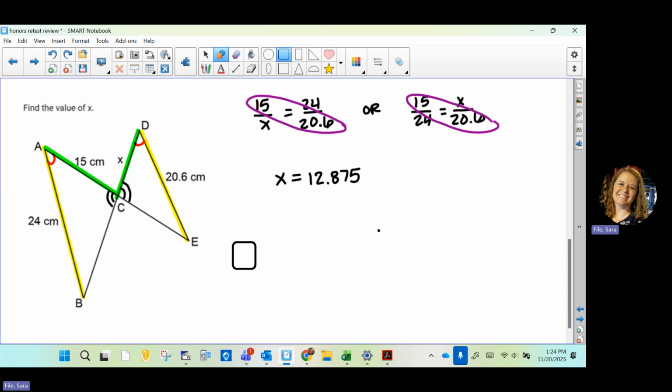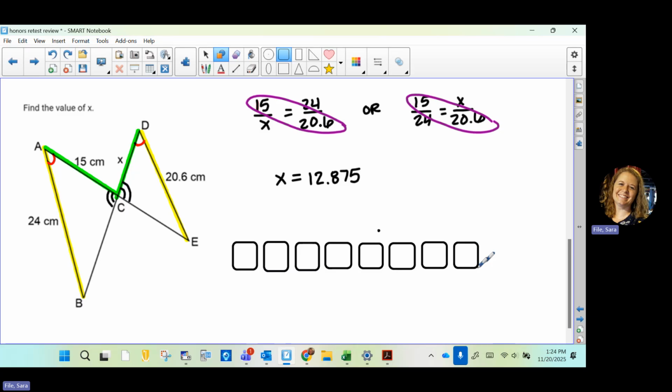When you've got all these squares to type your individual digits of your number into, it doesn't matter how many there are. You can fill in your answer wherever you want without leaving space between your digits. So I could put it all the way on the far right, like that. That would work. Or I could put it all the way on the far left.